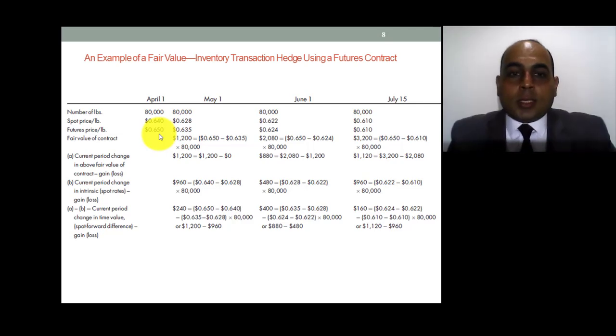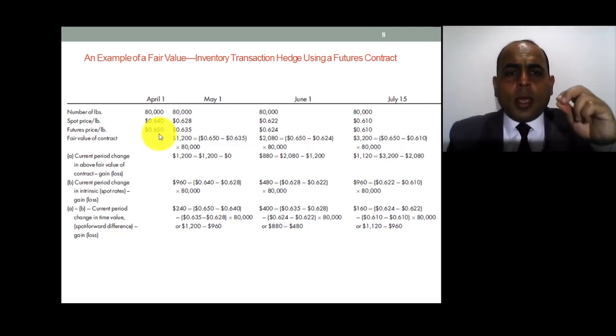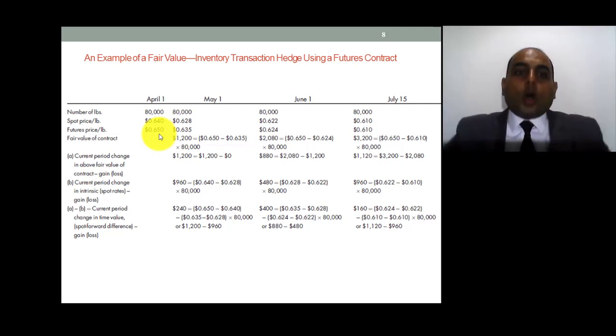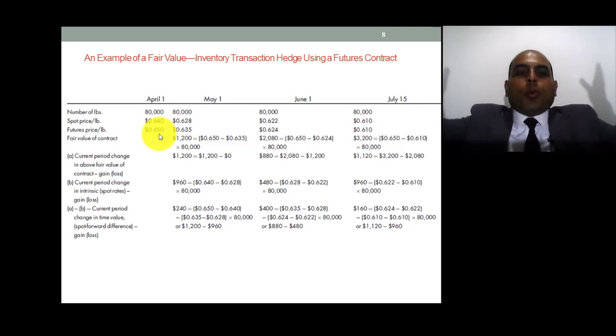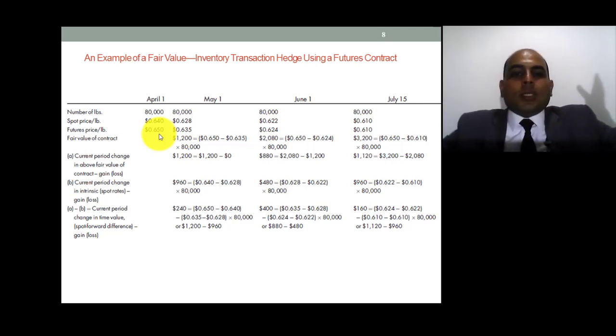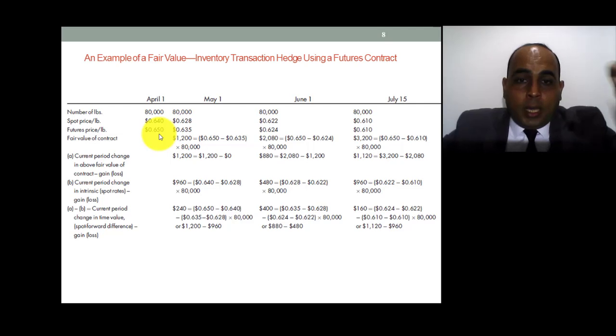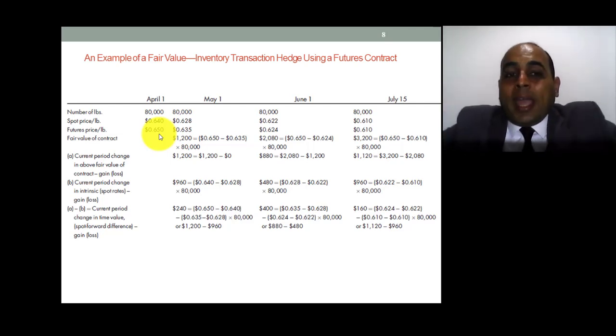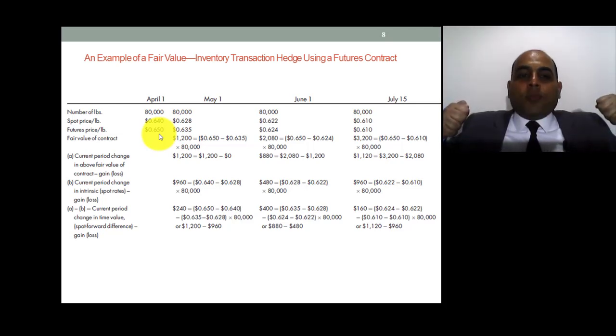The question is, did we get a gain or loss? Already we have sold at 0.65, but the prices have dropped to 0.635. So in this case, we are talking about a gain because we will earn 0.65.